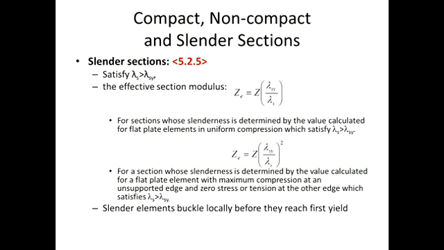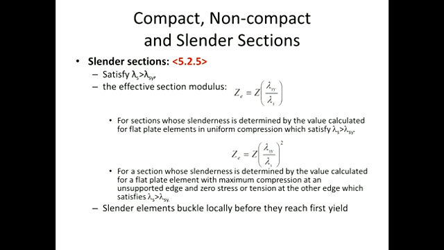So for us to apply this case, it means that this inequality would be depending on flat plate elements with maximum compression at an unsupported edge and zero stress at the other edge.